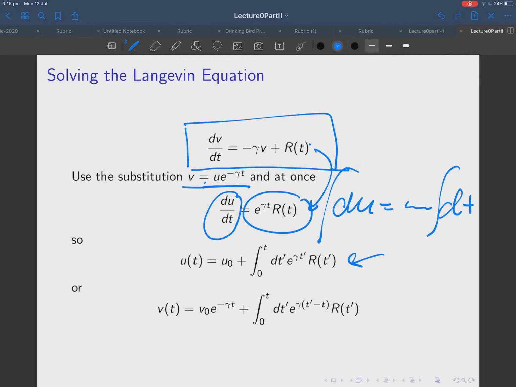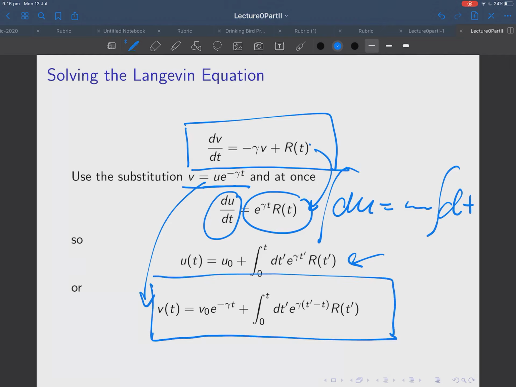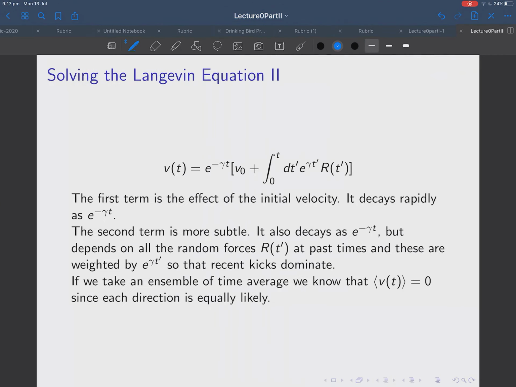And then, because we've already made the substitution, we can substitute back, and we can get how the velocity depends upon time. So we've actually solved the Langevin equation for the case where we have no external forces, and that's the solution. This solution is just here. It's pretty simple, and we'll go into that in a second.